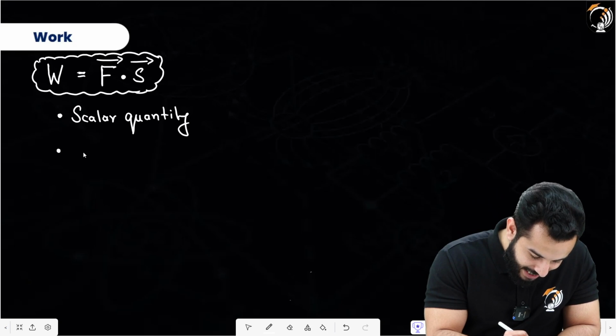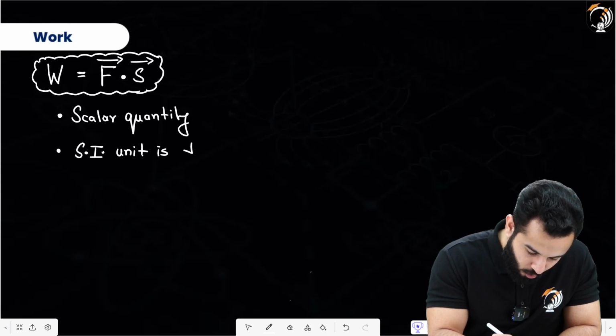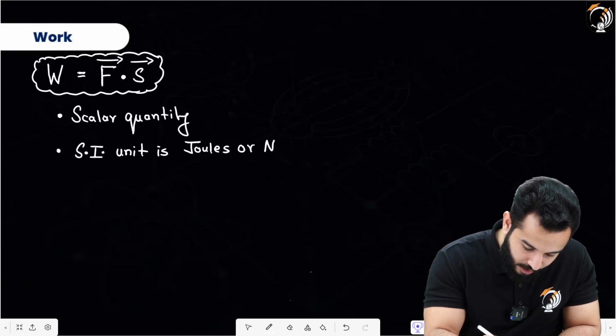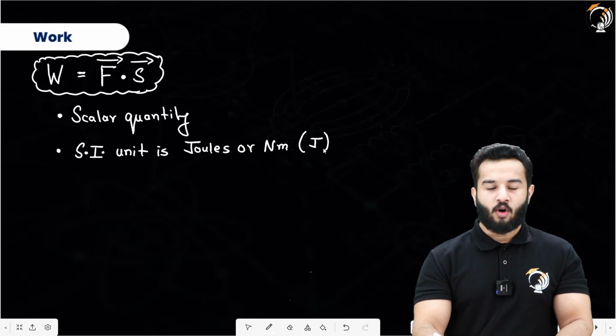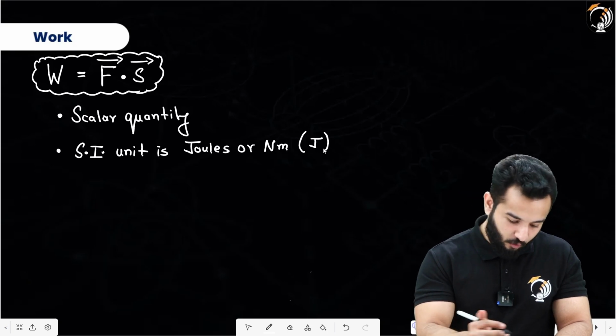Second thing, its SI unit is going to be joules, which is a common name for Newton meter, that is denoted by capital J, right? Obviously, we have got some other units for this one as well.